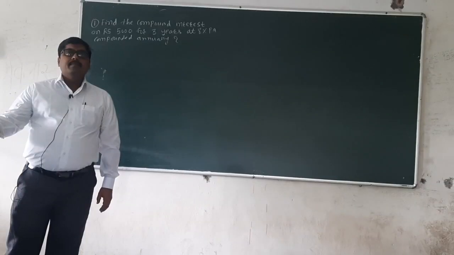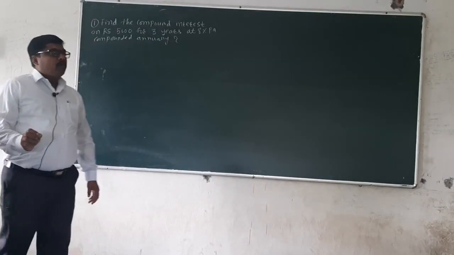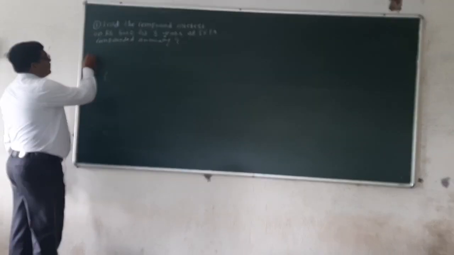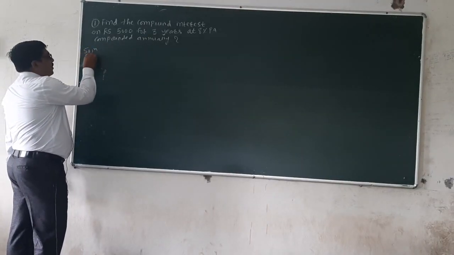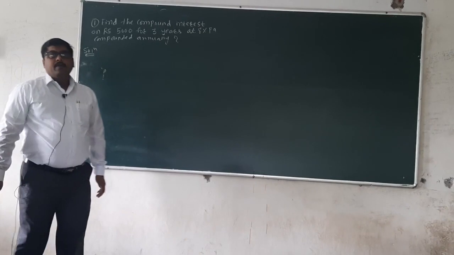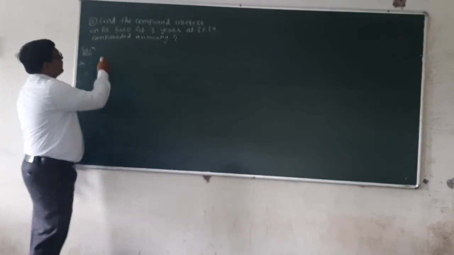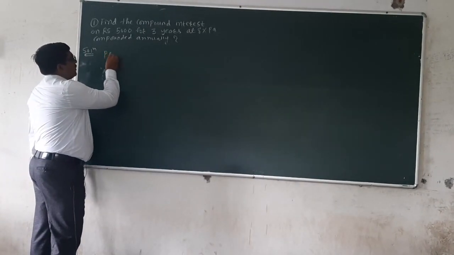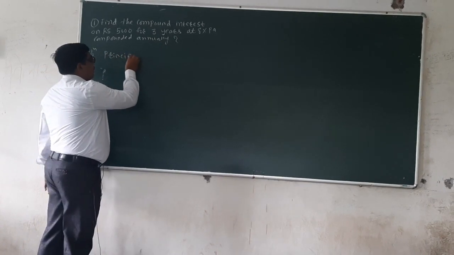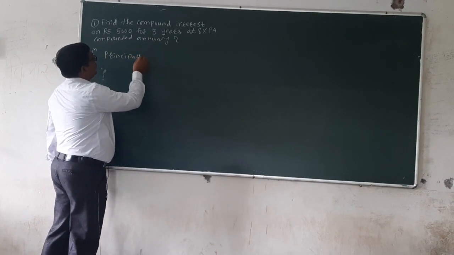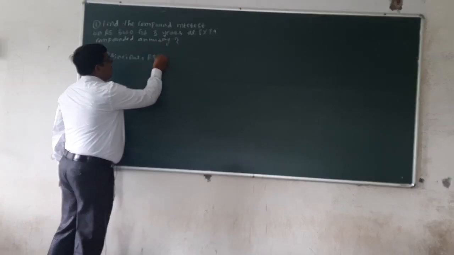Now, what is given in the solution? You are given P, that is principal, rupees 5,000.